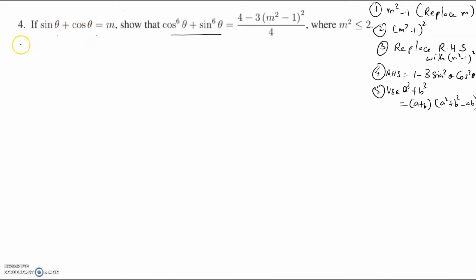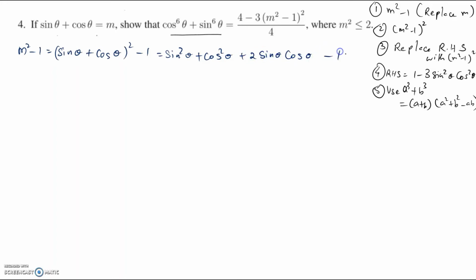So our m squared minus 1 is equal to sine theta plus cos theta squared minus 1, which is equal to sine squared theta plus cos squared theta plus 2 sine theta cos theta minus 1.